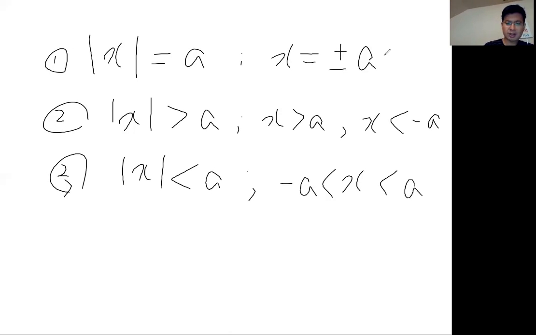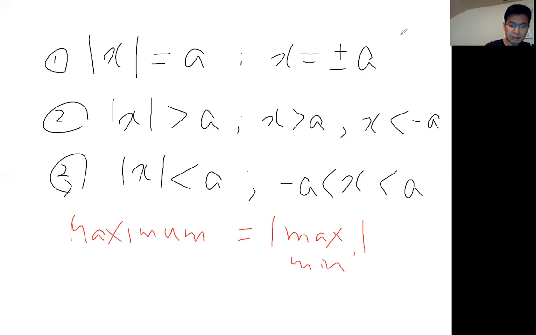Having said that, if you look at the question, it asks for the maximum value of this one. This has nothing to do with solving this inequality. Maximum value: since it is an absolute value, you can test two different things, maximum or minimum, because the minimum can be a negative number.